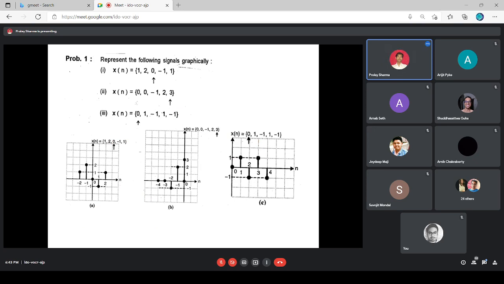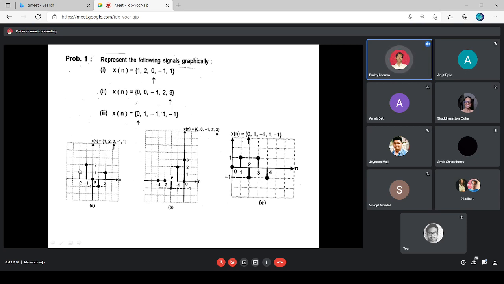Now some small examples. The first problem is the graphical representation of the signal. If the signal x[n] is like this, then the signal graphically represented will be in this way. This is n equal to 0. This is n equal to -1, -2. The first sample value we get is for n equal to -2.